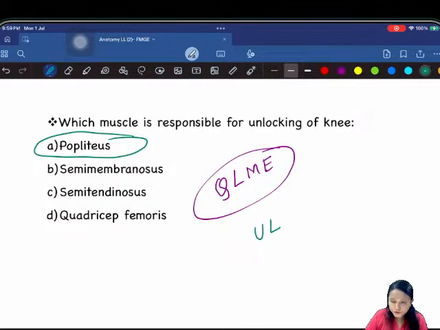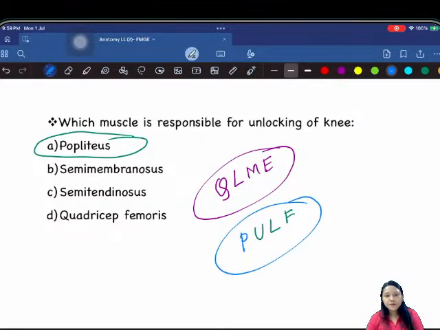Unlocking: lateral rotation, flexion, and it is by popliteus. QLME and PULF, remember both of these. So quadriceps femoris, locking, medial rotation, extension, and popliteus, unlocking, lateral rotation and flexion. So those are the initial terms.